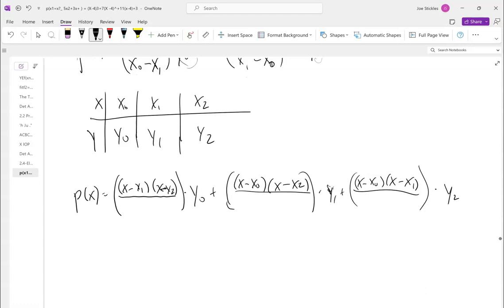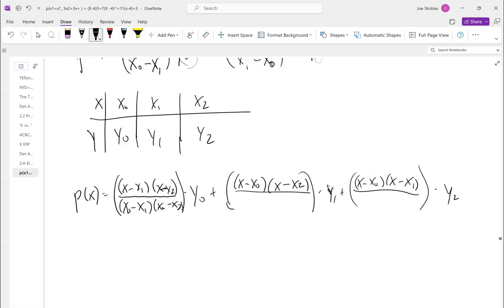Yeah? Okay. Now we need to scale, right? When you plug in x naught, you want this first coefficient to be 1, right? So what do we need to divide by? Good. Yeah, when I plug in x naught, I want those terms to go away, don't I? So x naught minus x1, x naught minus x2.